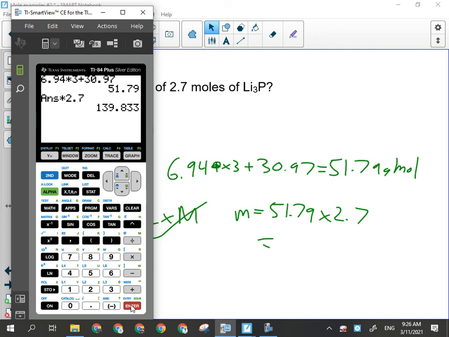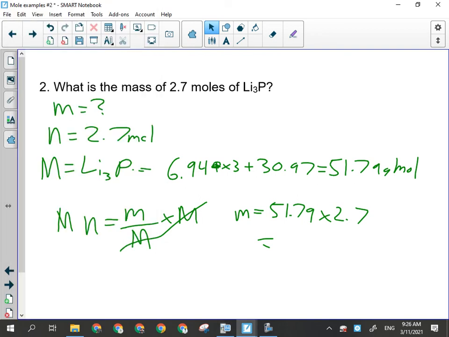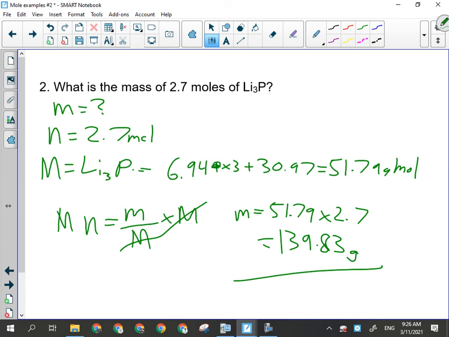So we're looking at 139.83. What are my units? Grams, yeah, because I found mass. Always make sure you have units on your answer. All right, I'll give you a couple more minutes on 3 and 4.